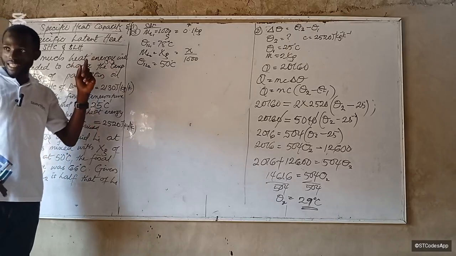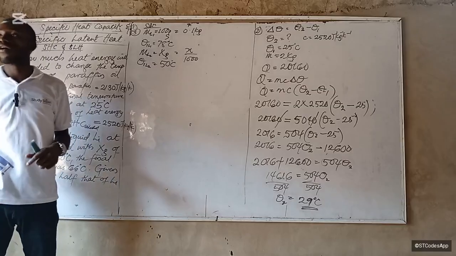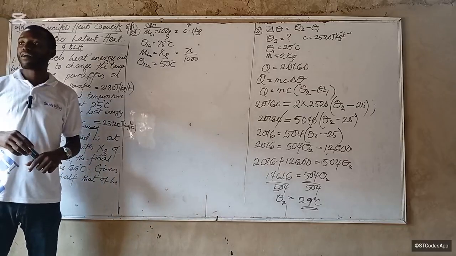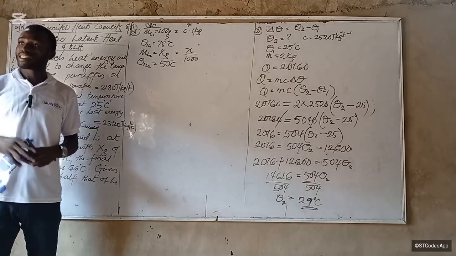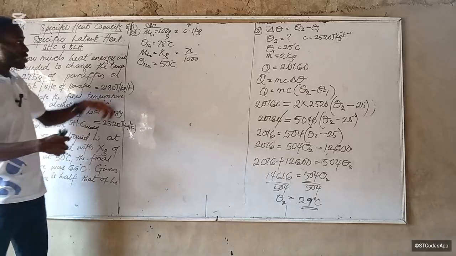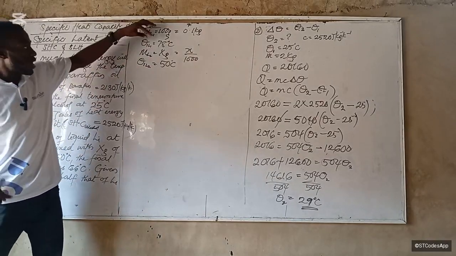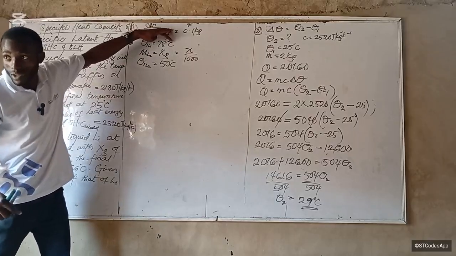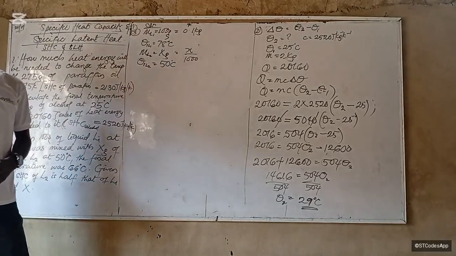That one is hotter, right? So should heat flow from the hotter one to the colder one, or from the cold one to the hotter one? Yes, the hot one to the colder one. 50 degrees is not cold, but this one is hotter, right? So heat will flow from the hotter one to the colder one. Does that make sense now?